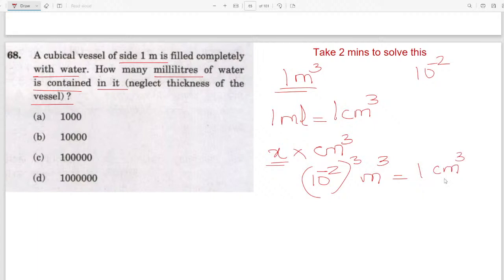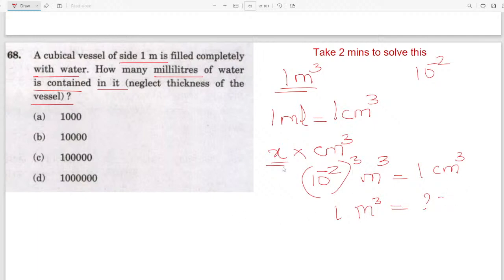This is also equal to 1 ml. And now, what is 1 meter cube? How many centimeter cube? So you can just cross multiply this.